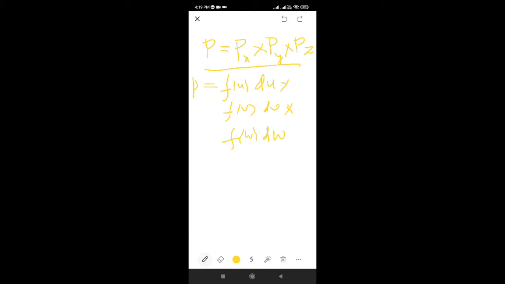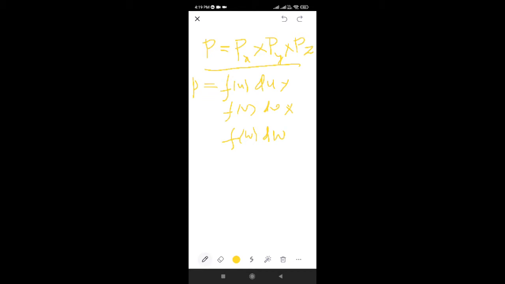Vx is independent of Vy, Vy is independent of Vz. That's why Px is independent of Py, Py is independent of Pz, and Pz is independent of Px. These are all independent. Then only you can write the total probability as a product of partial probabilities.